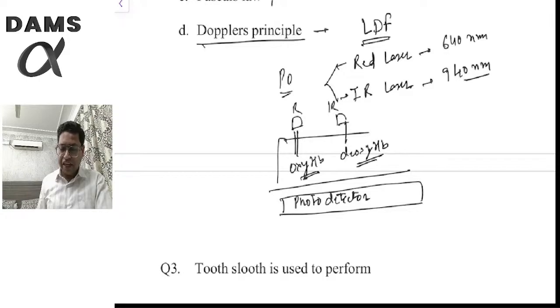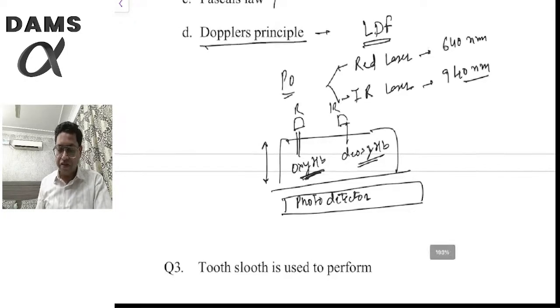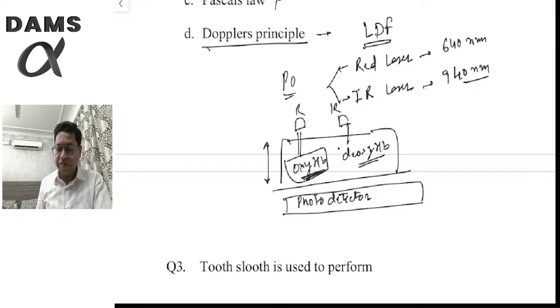So whatever is the thickness of the medium, as well as the constitution of the medium, how thick the pulp tissue is, and what is the constitution, meaning how much oxyhemoglobin or deoxyhemoglobin is present in the pulp, that would determine how much of the light would actually come out.